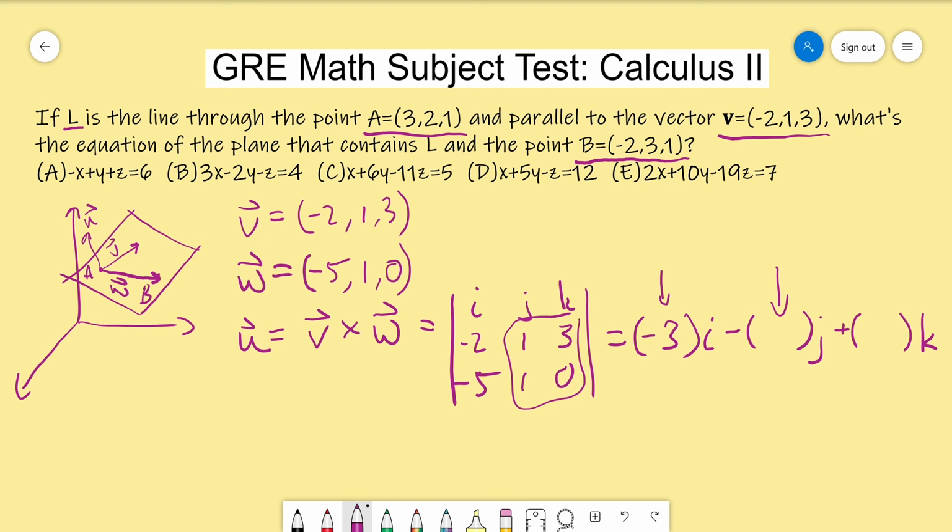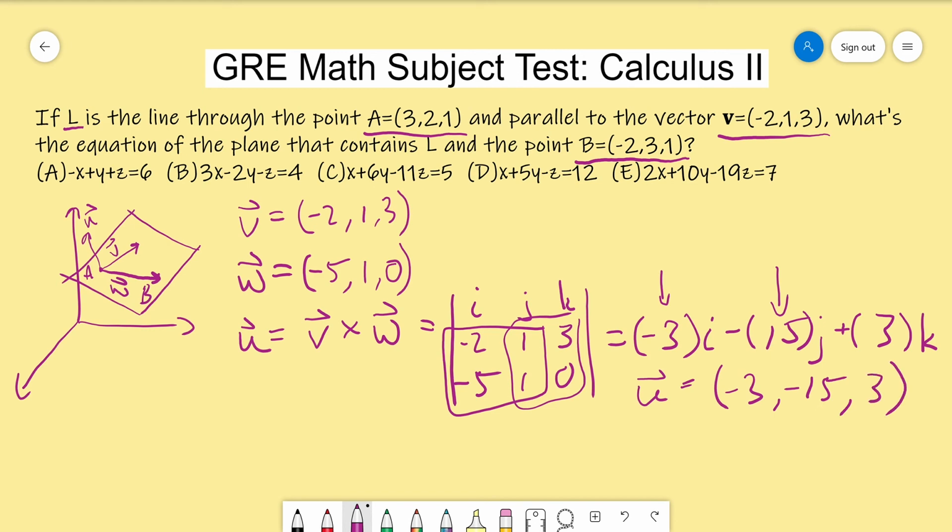So that's minus -15 or positive 15. And finally, the third number is going to be the determinant of this 2 by 2 matrix. So -2 minus -5, so that's a positive 3. So our vector U is -3, -15, and positive 3.